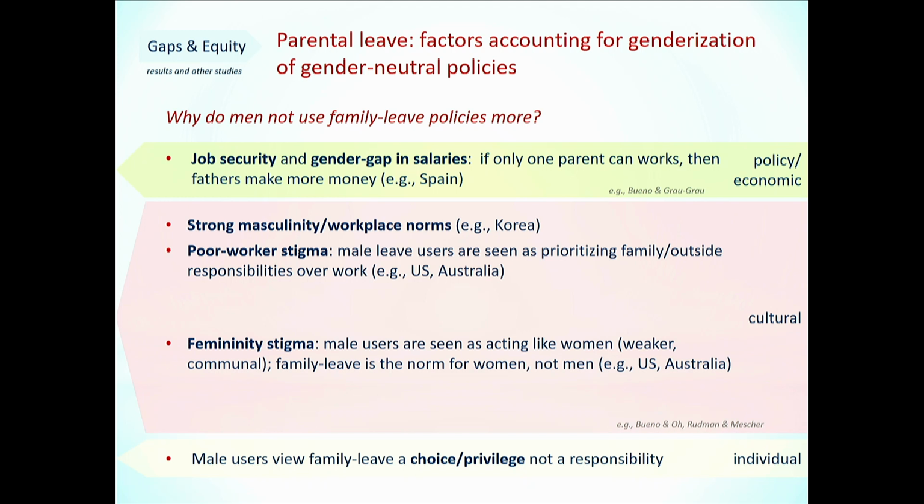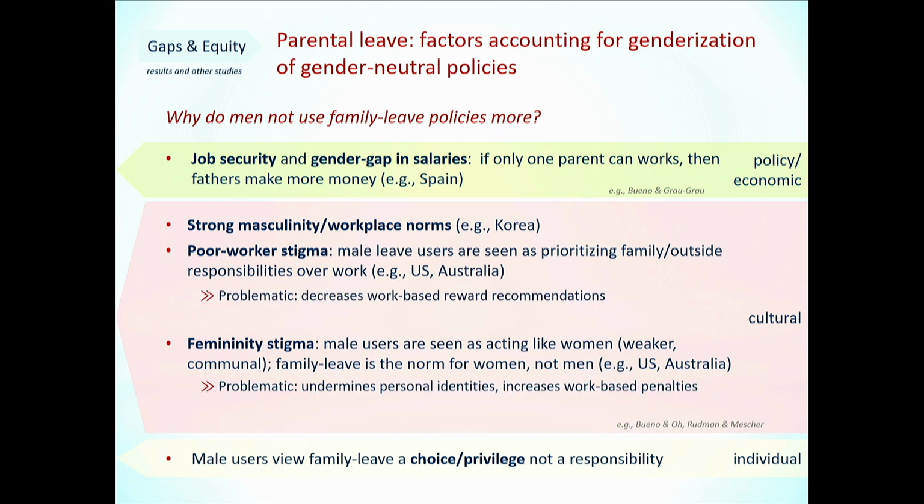This is completely counter to masculine norms. And the femininity stigma is sort of a derivative of that, saying that male users are seen as acting like women, weaker and communal. These are the adjectives associated with it, since family leave is the norm for women and not for men.